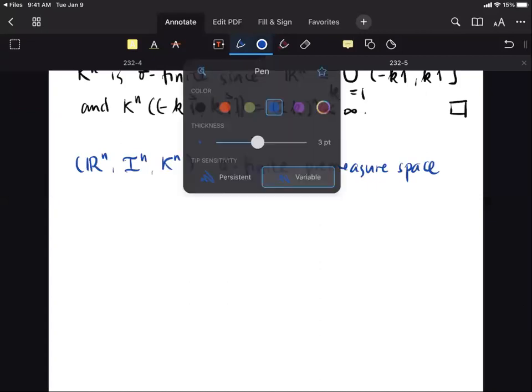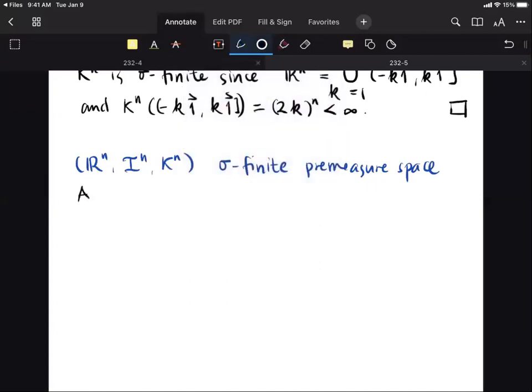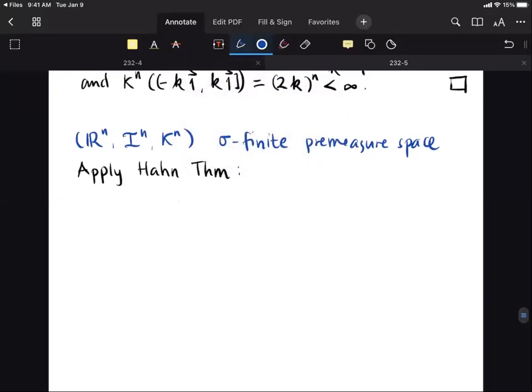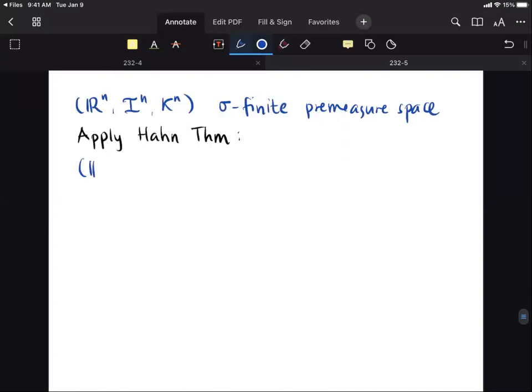So applying Hahn's theorem, we can extend this into a sigma finite pre-measure space, but now on the set of figures.